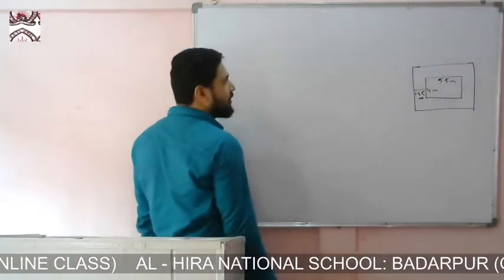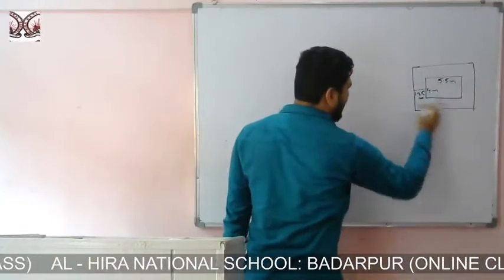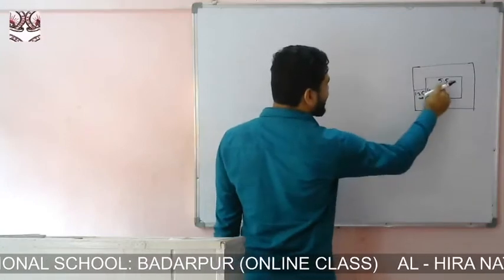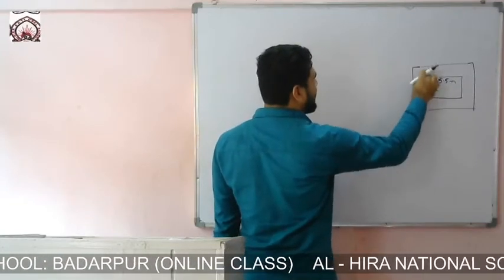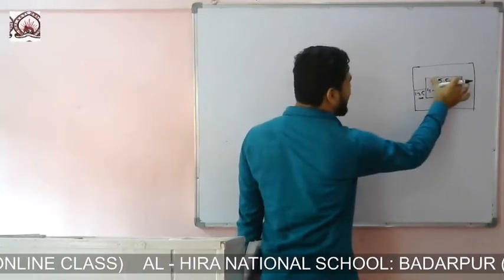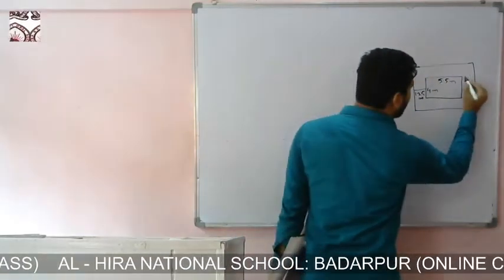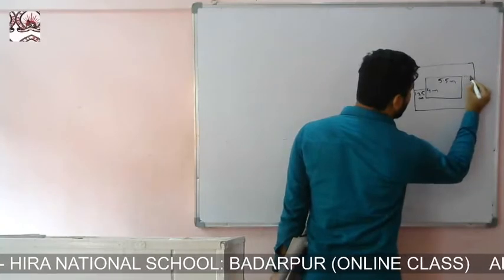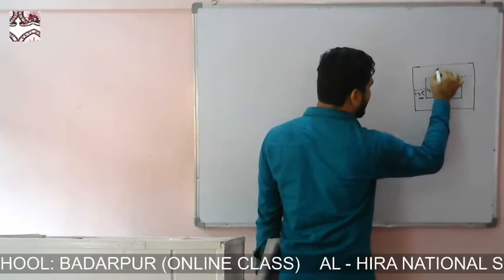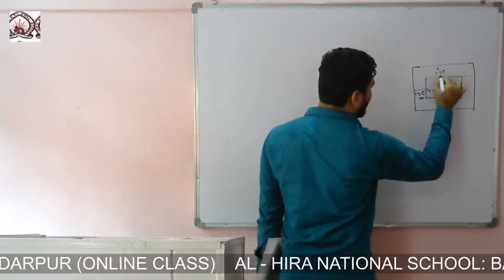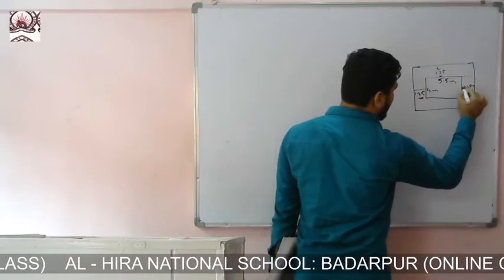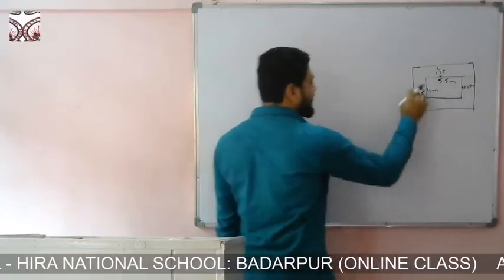So how to find the dimensions of this rectangle? You assume this as a rectangle. Here it is given 5.5, here it is given 4. But how to find this one? If this one is 5.5 and this gap is 1.25, because you see everywhere this gap is 1.25, because wide is given 1.25.